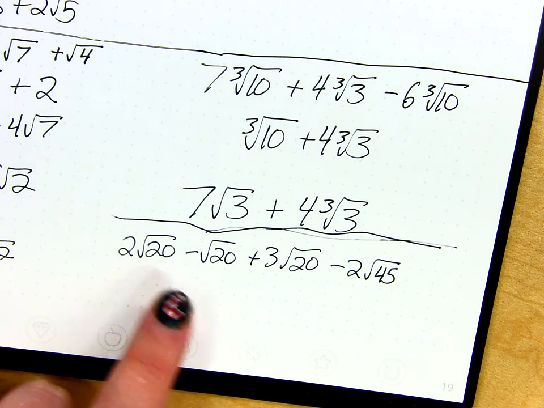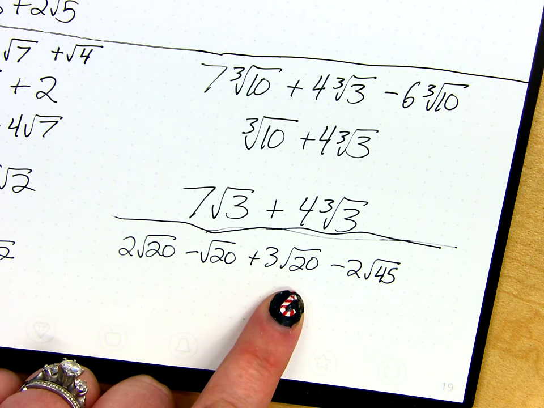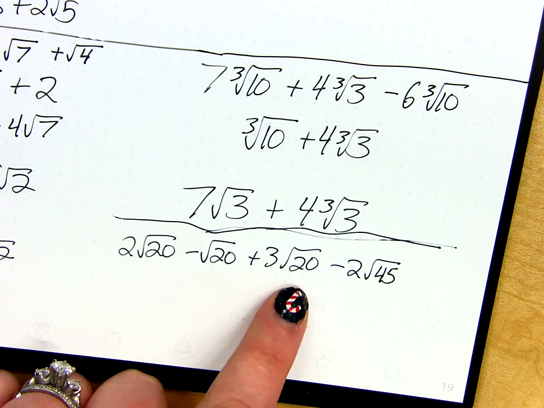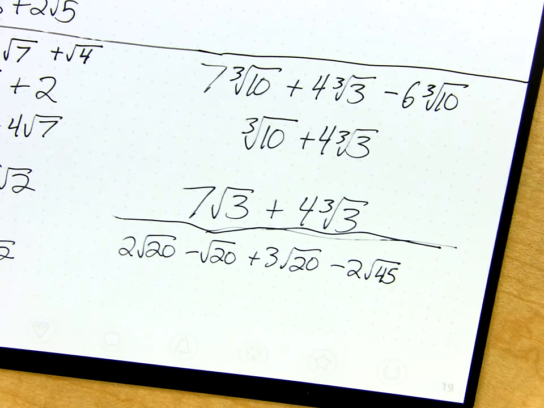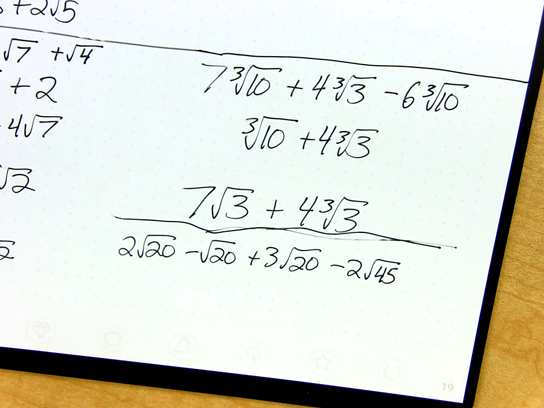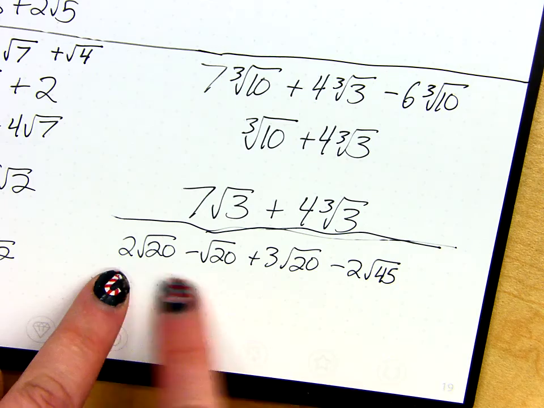I notice right now I have a whole bunch of square roots of 20s. Now, the square root of 20 can be simplified. That's true. But I would not want to simplify each one of these 3 and then combine them. You can combine them first and then just simplify your answer. That'd be so much easier doing it 1 time than doing it 3 times. So let's leave it as square root of 20 and put these 3 together.